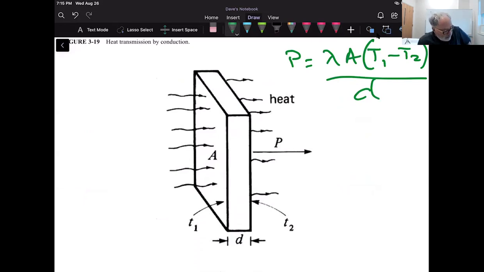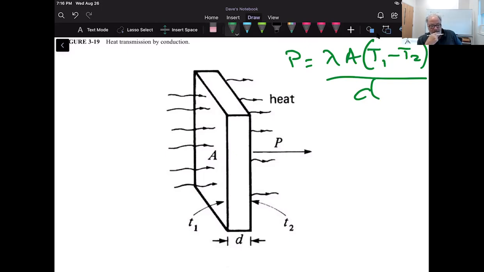Okay, so we have a problem that we're going to work using this and looking at this heat transmission by conduction figure. And on page 63 it says the temperature difference between two sides of a sheet of mica is 50 degrees C. So on one side it's 50 degrees different than on the other side, okay?